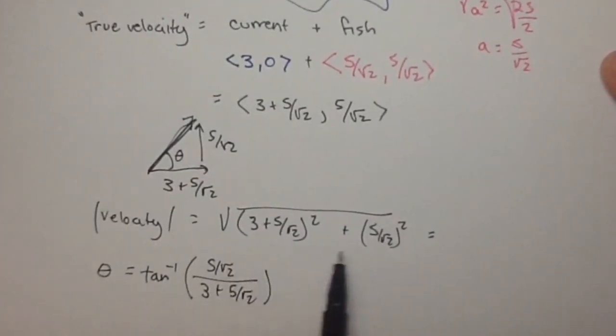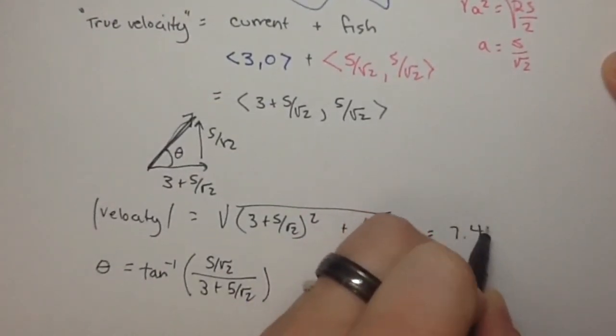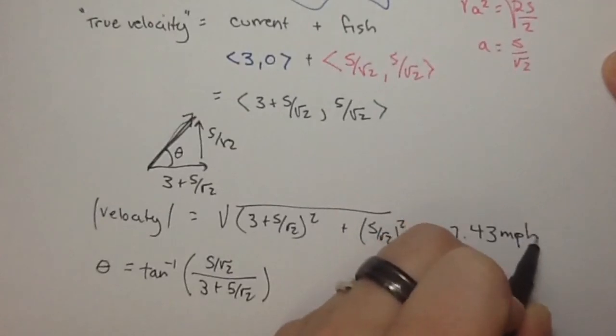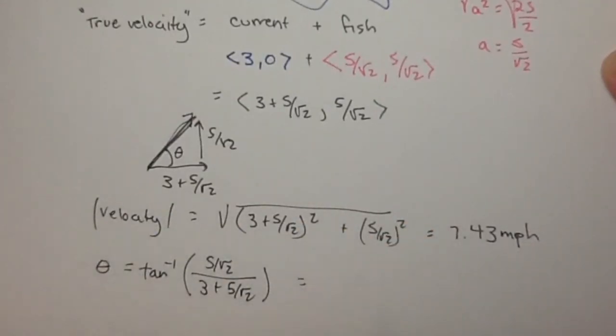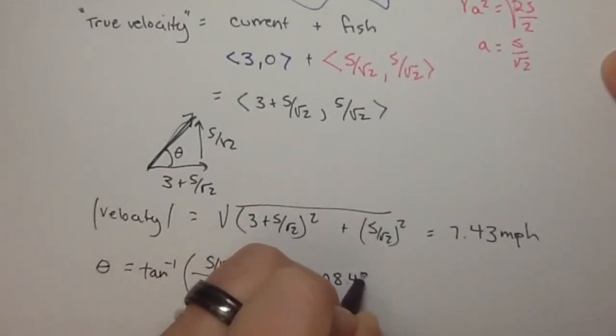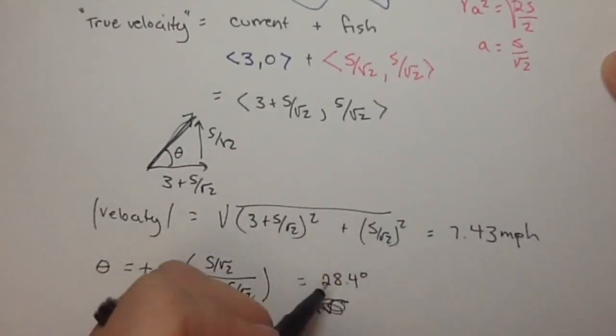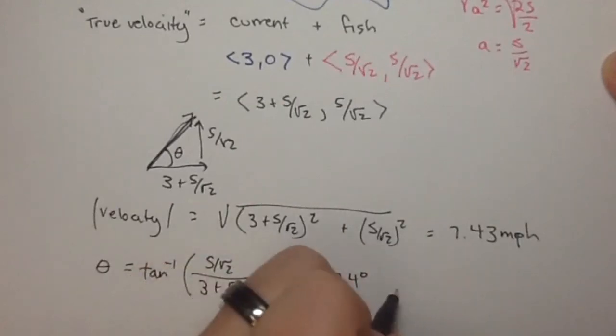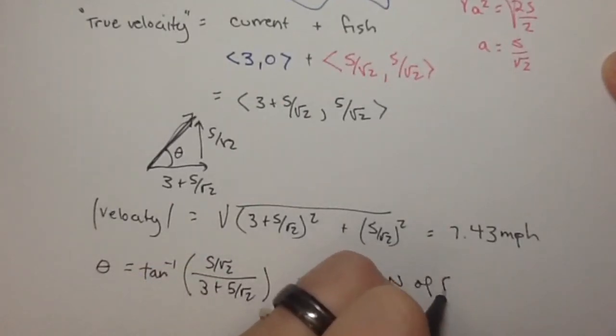Okay, so this is 7.43 miles per hour at an angle of 28.4 degrees. So 28.4 is north of east.